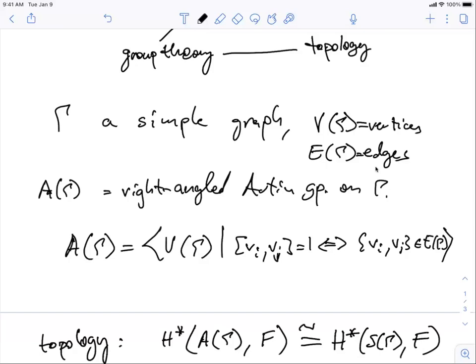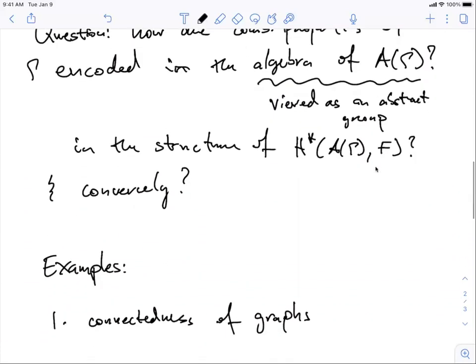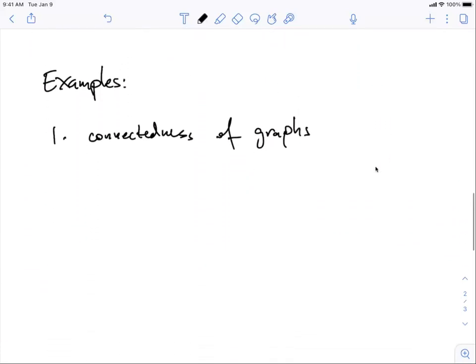And so if you have a graph gamma which is disconnected, then relations are concentrated within connected components of gamma itself. So the relations that occur in A of gamma can be separated by their components. That can be rephrased as follows.